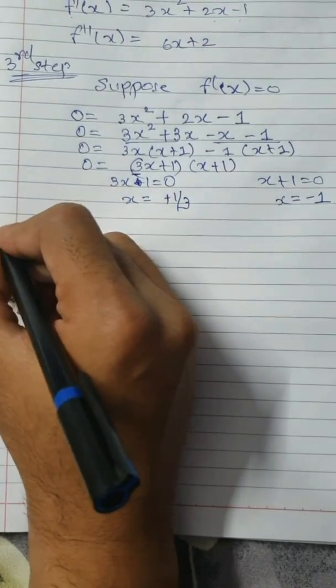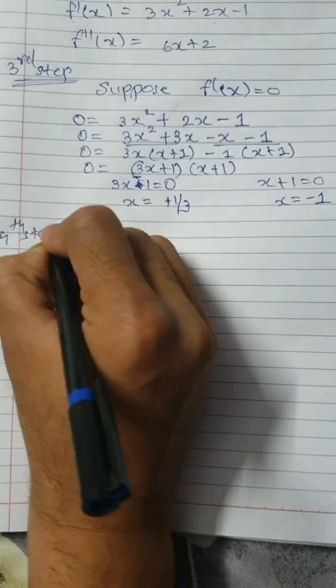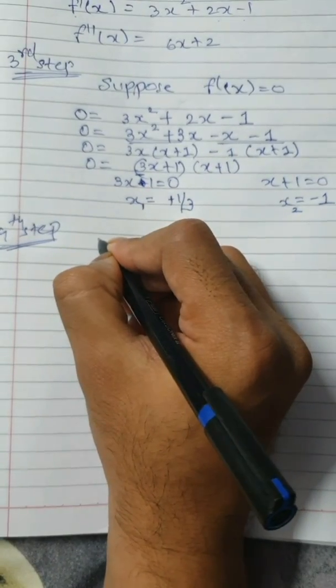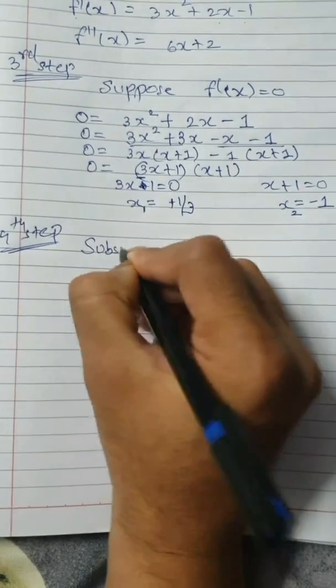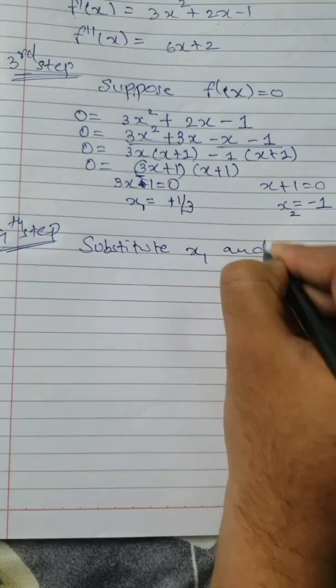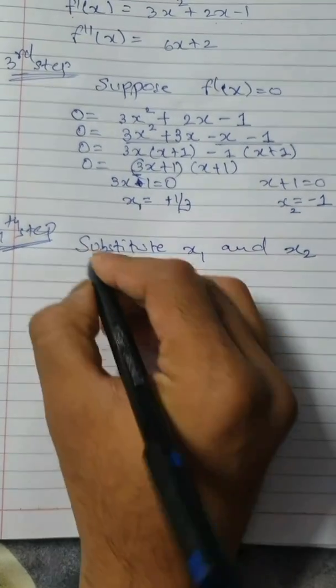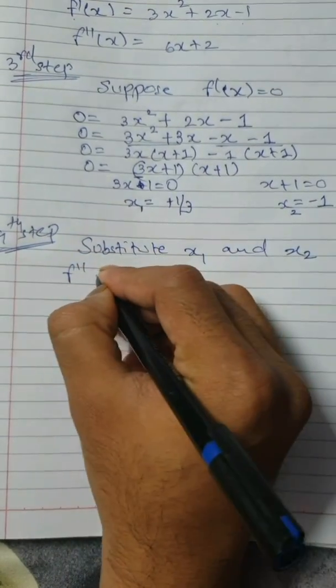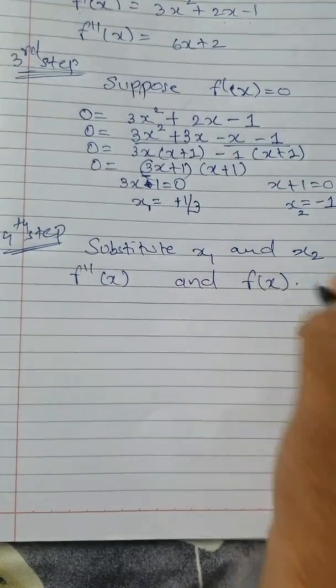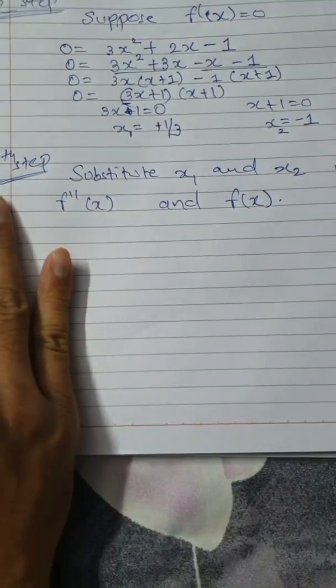Now what was the fourth step? The fourth step was to substitute these values. We will substitute x1 and x2 in f double dash of x, and at last we will substitute the same values in f of x. So let's start.